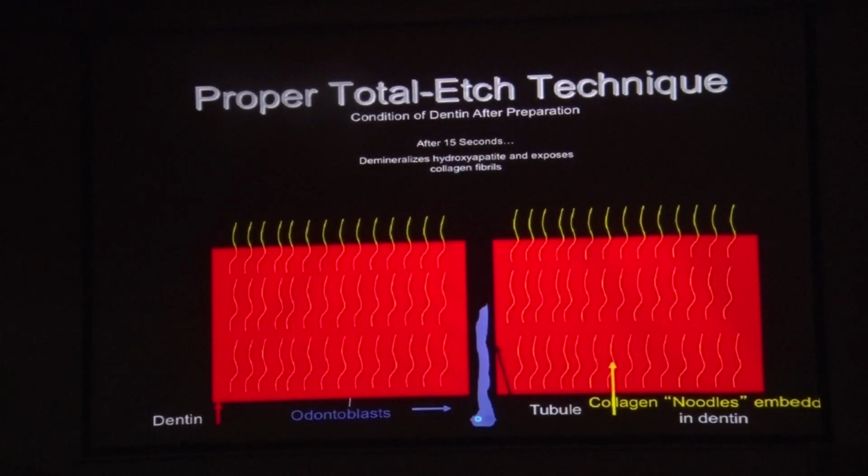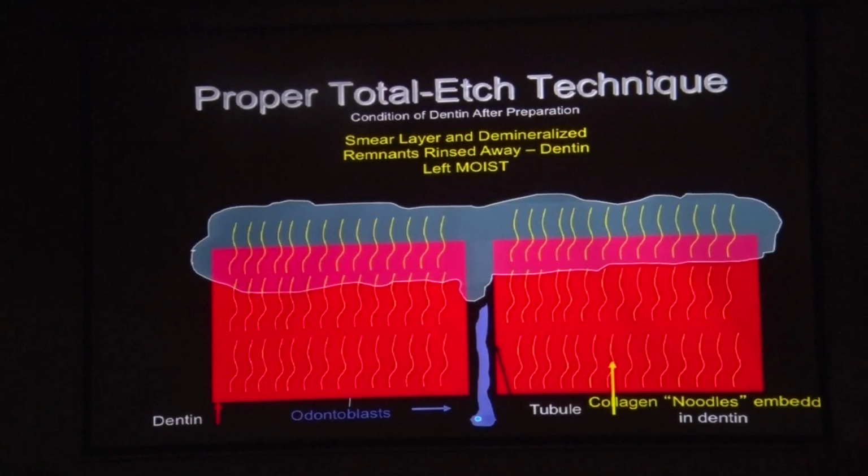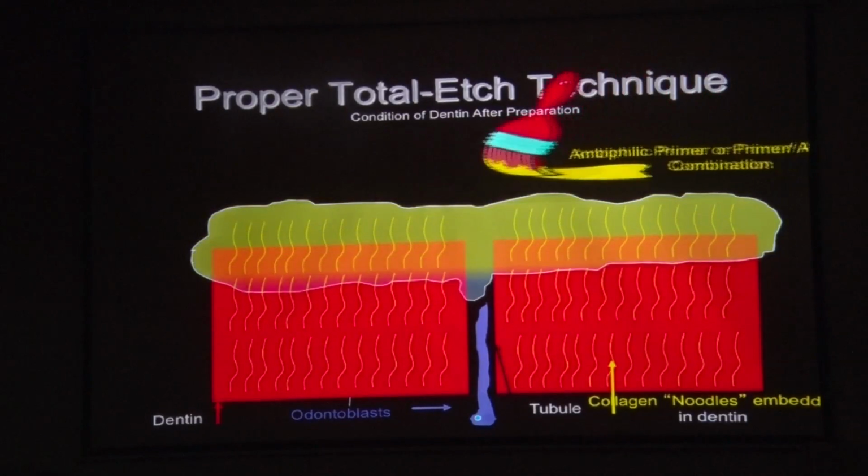What is exposed is the collagen. Again, you can't see, so imagine all this. At this point, keep the surface a little moist. Don't be aggressive. Take a 3-way syringe from the side of the tooth and gently air blow. After that, apply 2 coats of adhesive.